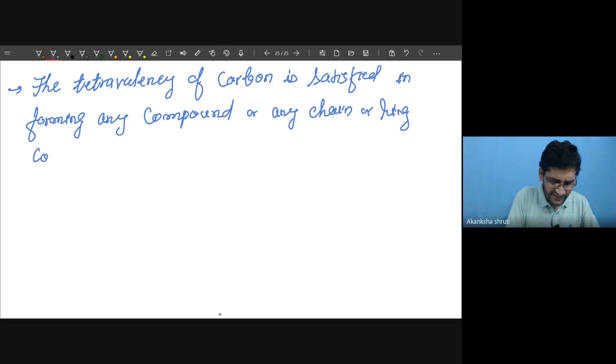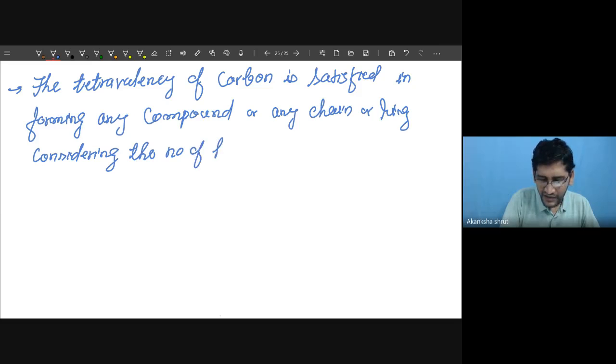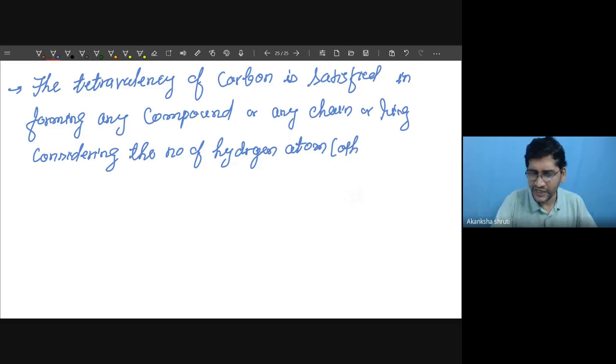considering the number of hydrogen atoms. In place of hydrogen atom it may be some other atoms also. They are called heteroatoms or other atoms which are given.